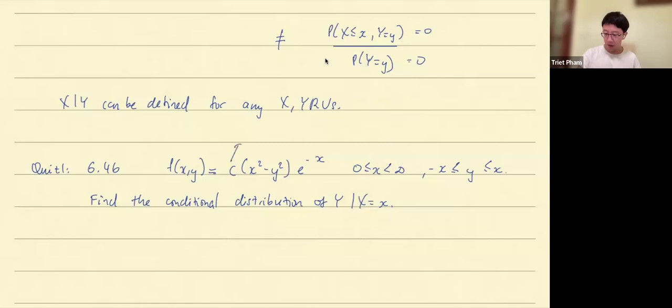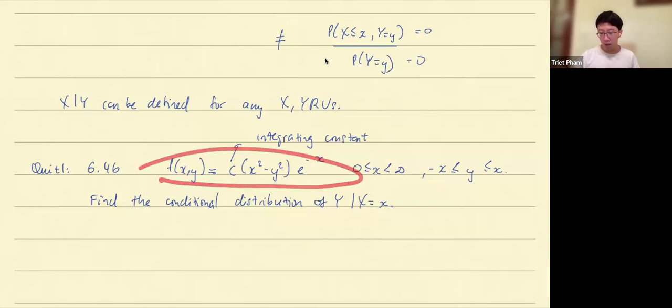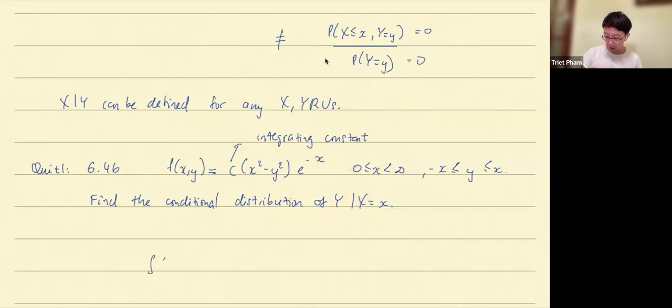This is called the integrating constant, which means that it's there to ensure that the density or the probabilities add up to 1, or integrate up to 1. So I guess here it should be dy dx.